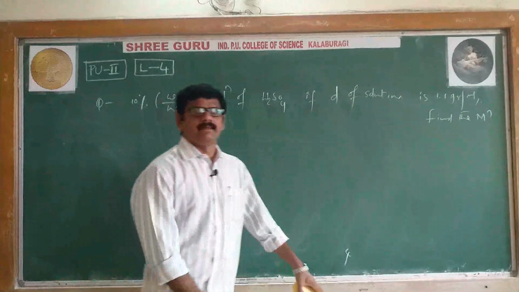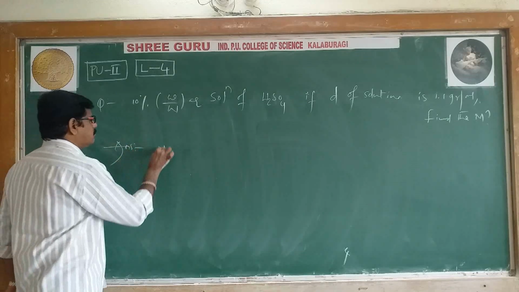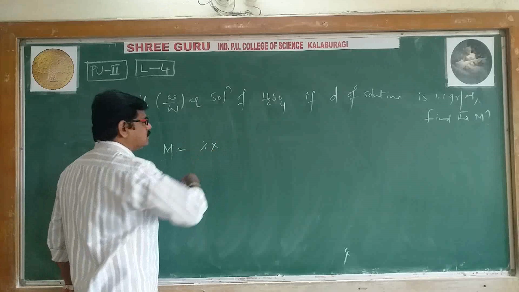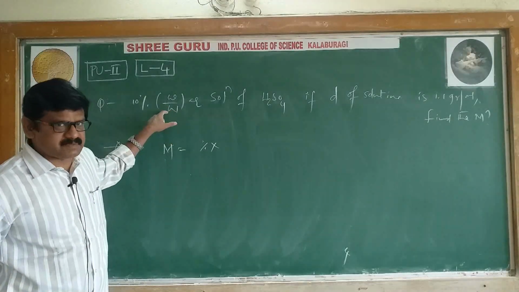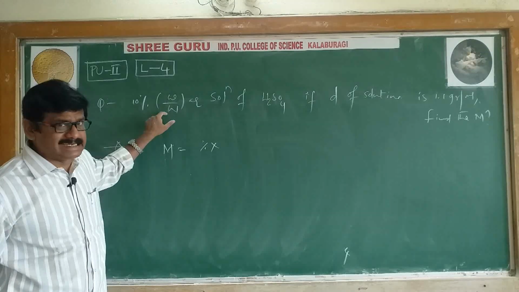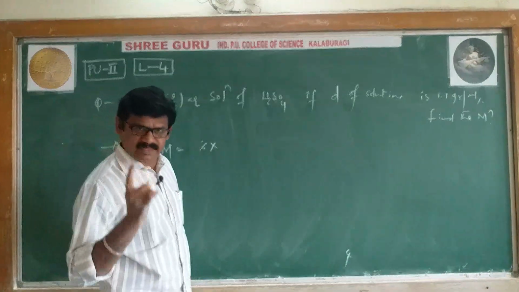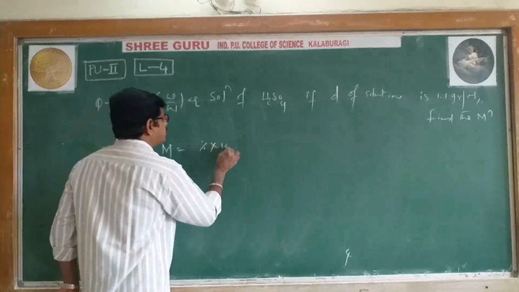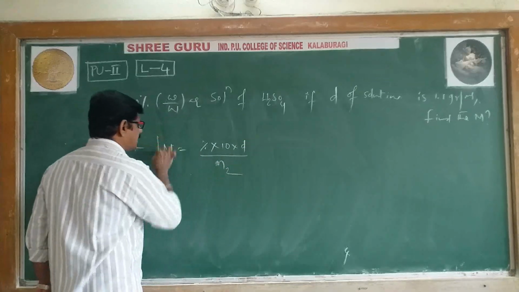We'll write our regular direct formula. Molarity equals percentage into 10 into density divided by molar mass of solute.